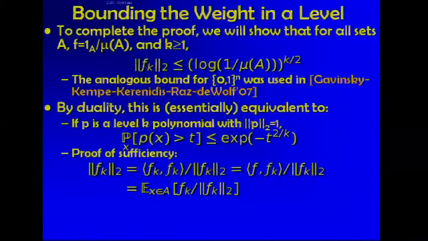Take p to be any polynomial of level k of the spherical harmonics, any function in the level k spherical harmonics, and normalize it such that its L2 norm is 1. I claim that it must have the following tail behavior. The probability that it's bigger than t is at most e to the minus t to the 2 over k.